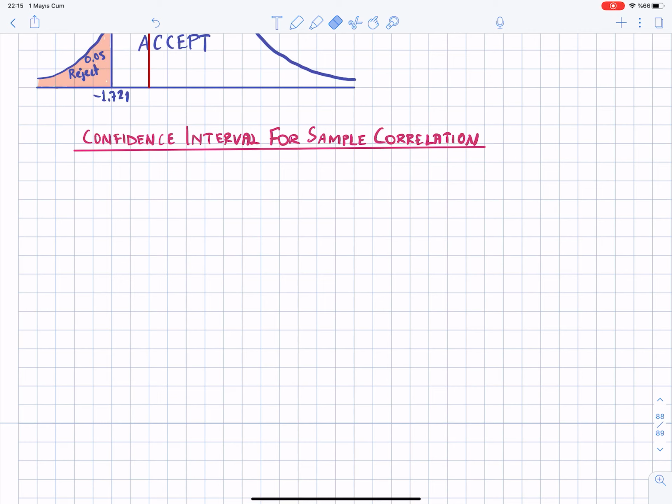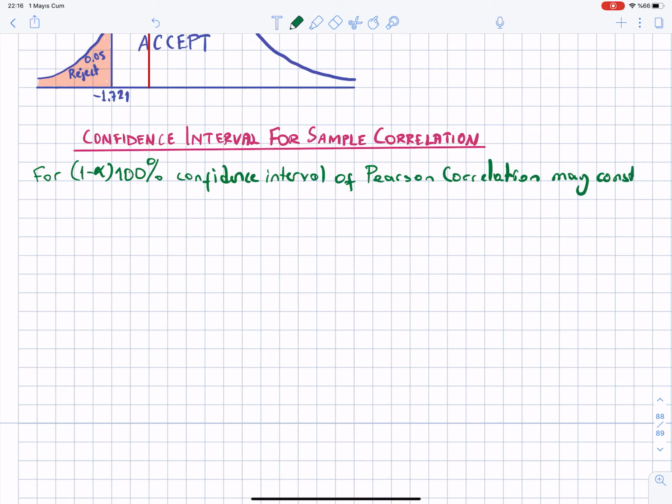The 1 minus alpha times 100% confidence interval of the Pearson correlation may be constructed as follows.